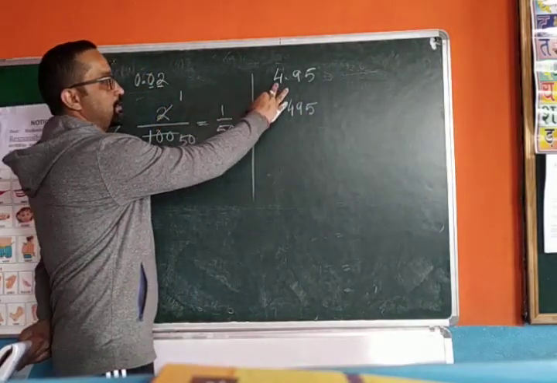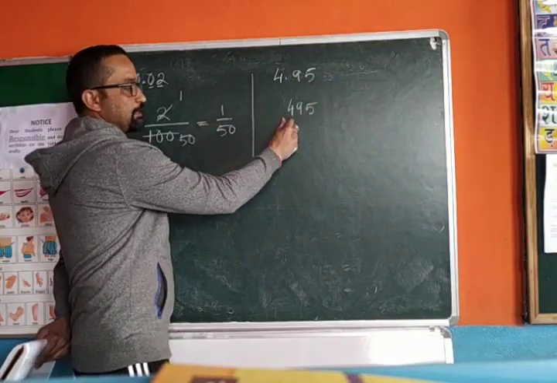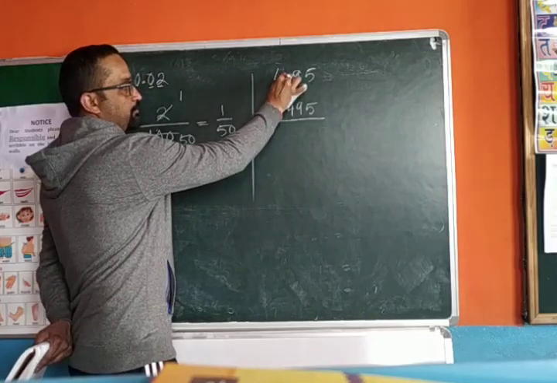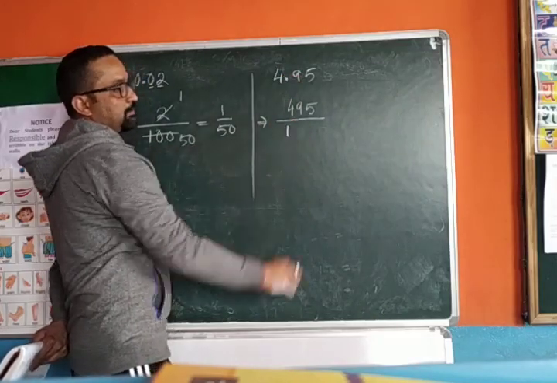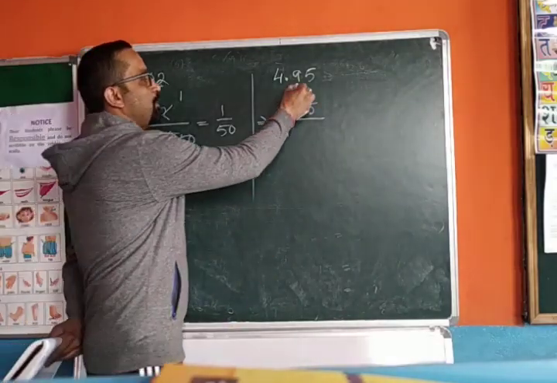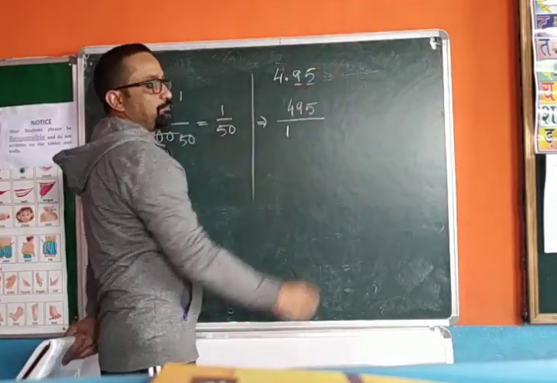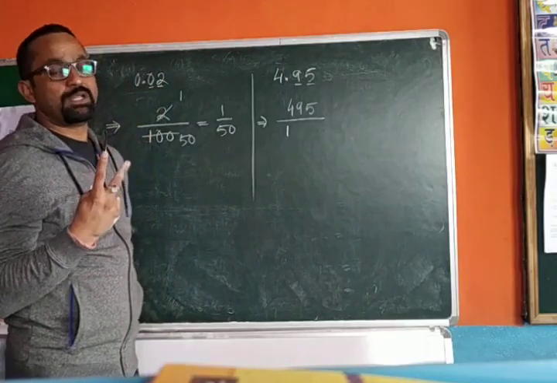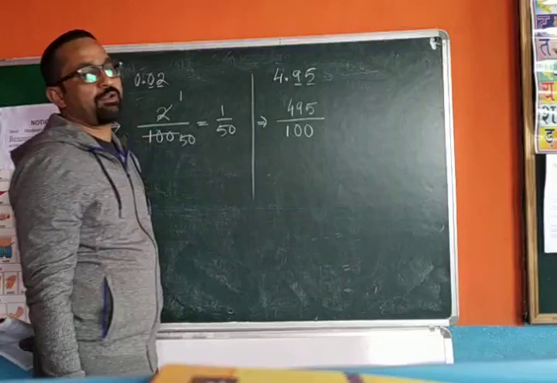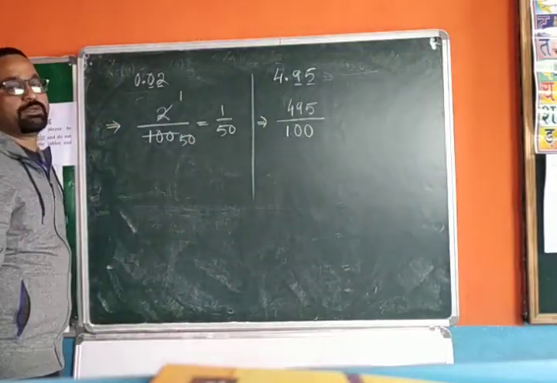All these digits you need to copy without the decimal. Then you look at this, you have a decimal here, so you write, for decimal you should always consider it as 1. How many digits do you have after the decimal? There are 2 digits, 2 places of decimal. So you put 2 zeros. Now if it is divisible, you cancel it.